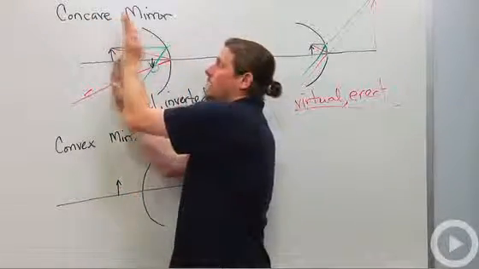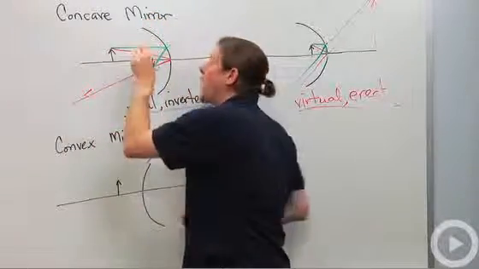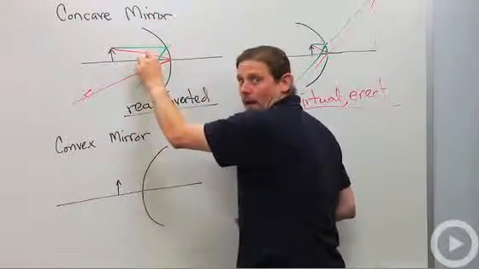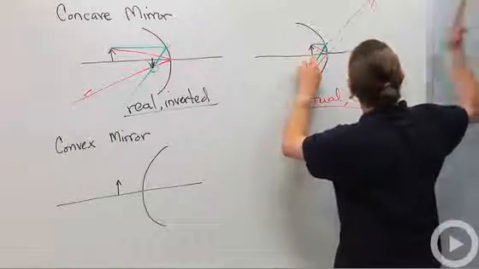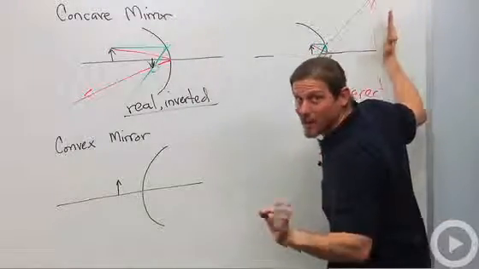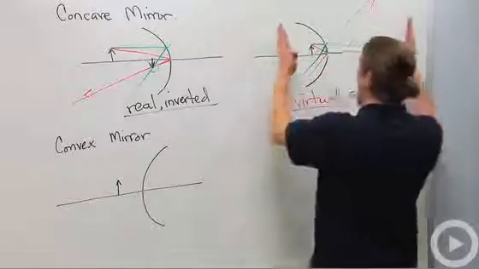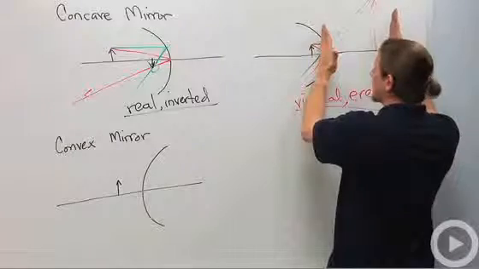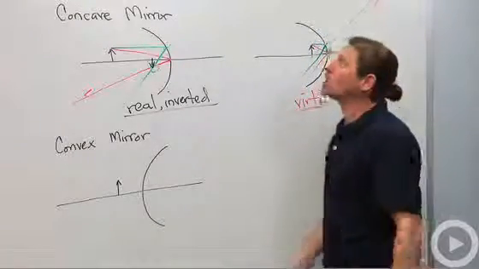And then the image goes out, keeps on going out to infinity. Once the object reaches this certain point, we go over here. And the image appears on the other side. It's now virtual and erect. And as the object gets closer to the mirror, the image will also get closer to the mirror. All right? So that's concave.